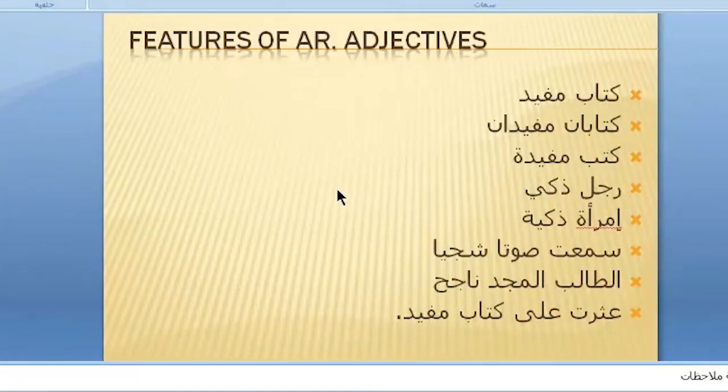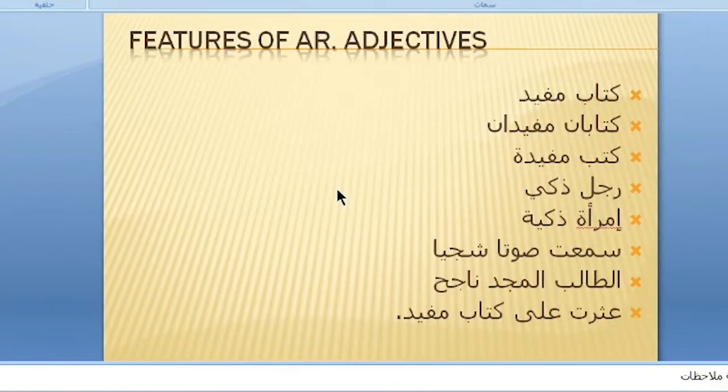Why? Because the preceding noun, يعني الاسم اللي يسبقها, is a plural. Now, let us shift these three examples into English, and we will see the difference between an Arabic adjective and an English adjective.